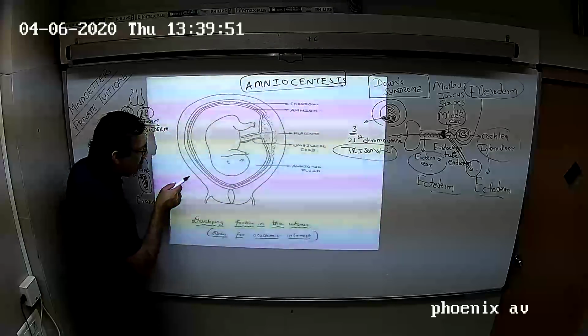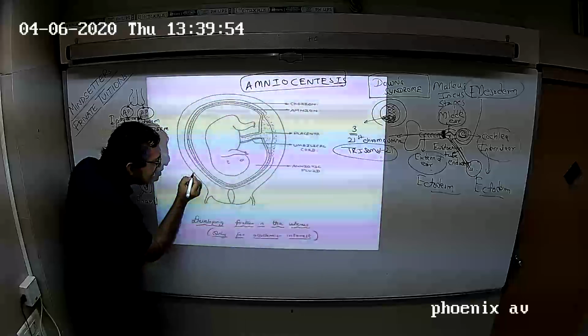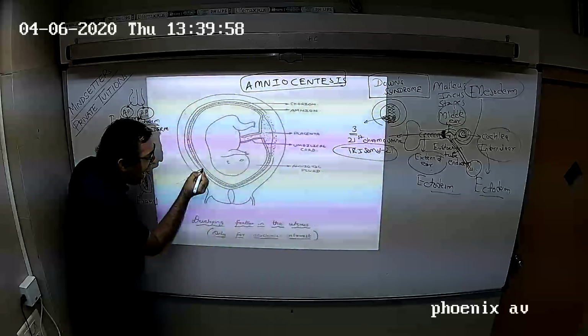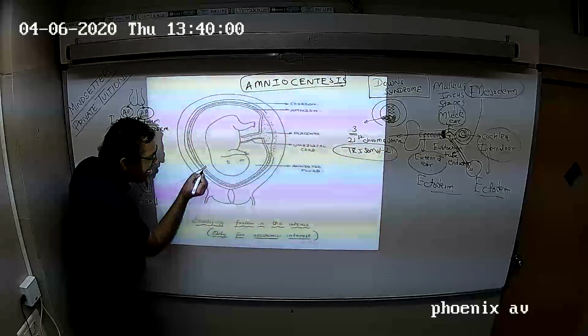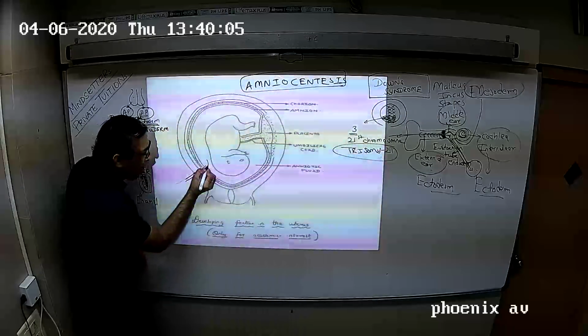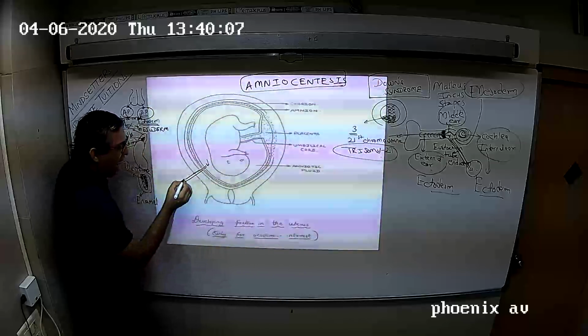The needle will pass through the uterus, into the chorion, into the amnion, and enter the amniotic cavity. Immediately, what will enter into the needle?